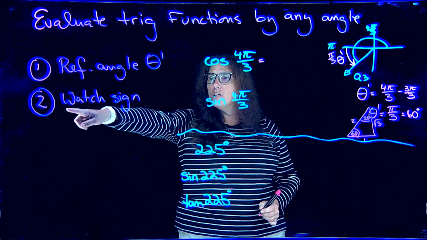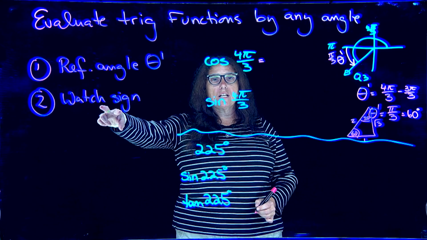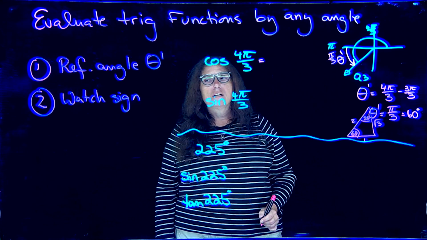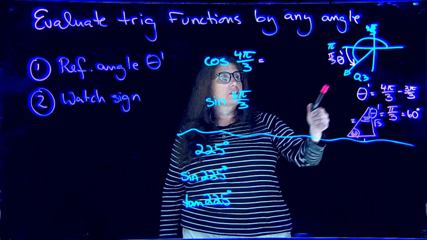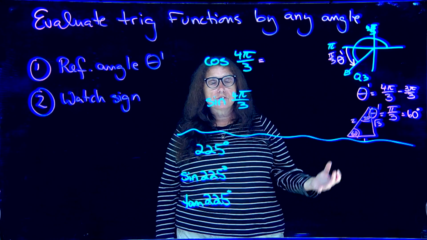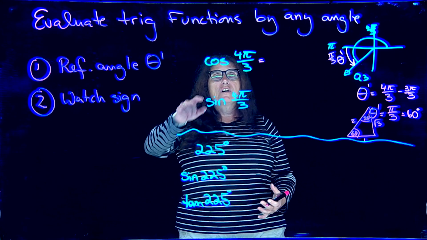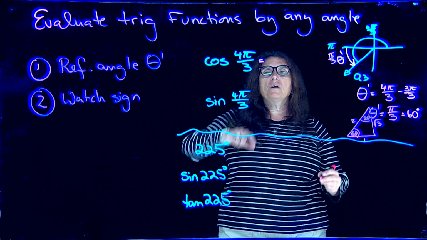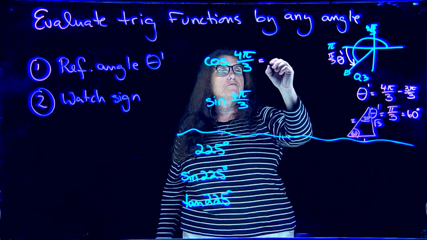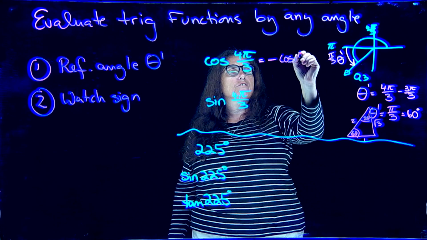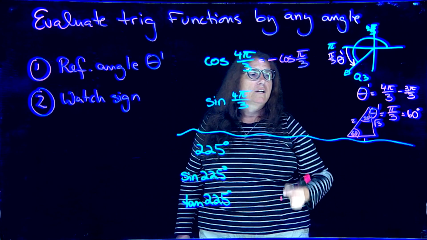We can use the reference angle now to find the cosine of 4 pi over 3. We have to now watch out for the sign, and that depends on the quadrant we are in. The cosine in quadrant 3, and I hope you remember, is negative. So the cosine of 4 pi over 3 based on the reference angle is the same as the negative cosine of pi over 3.